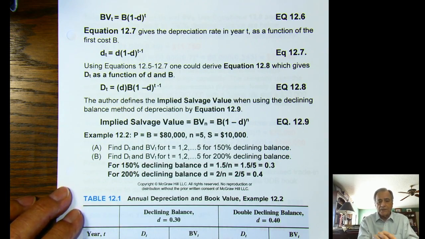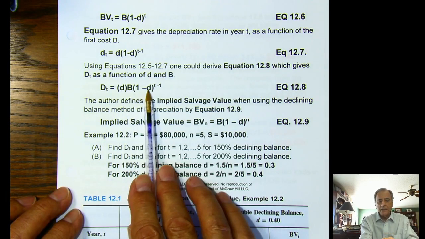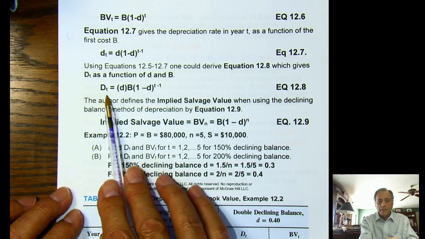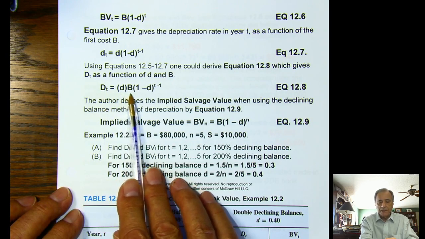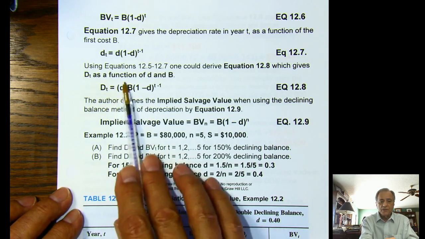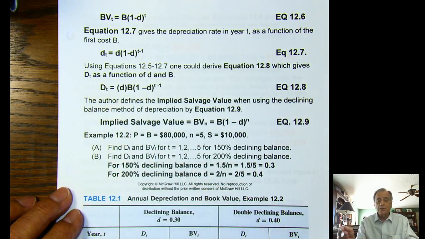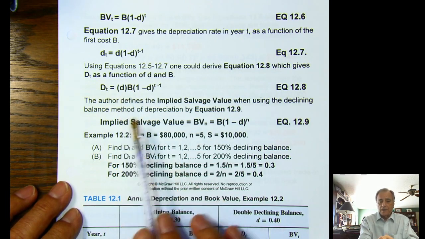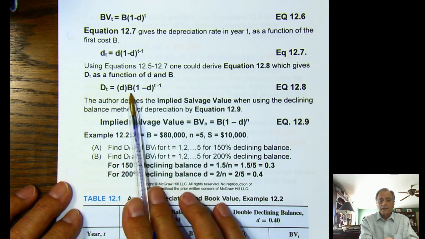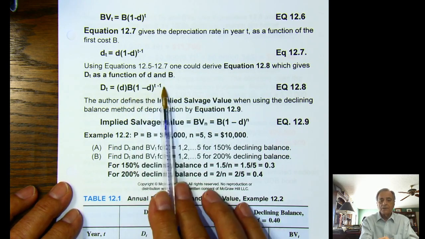So if I do that, then I get d sub t is equal to d times B. This d is some function of over n. Remember, it could be 2 over n, it could be 1.5 over n, or so on. And then B is the unknown, and then (1 minus d) to the t minus 1.